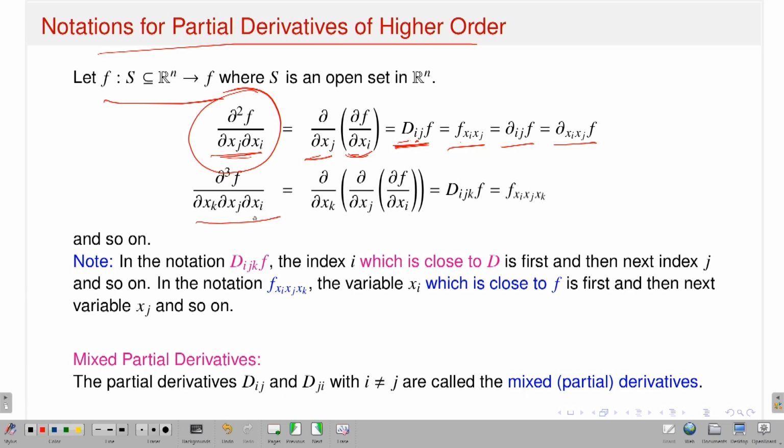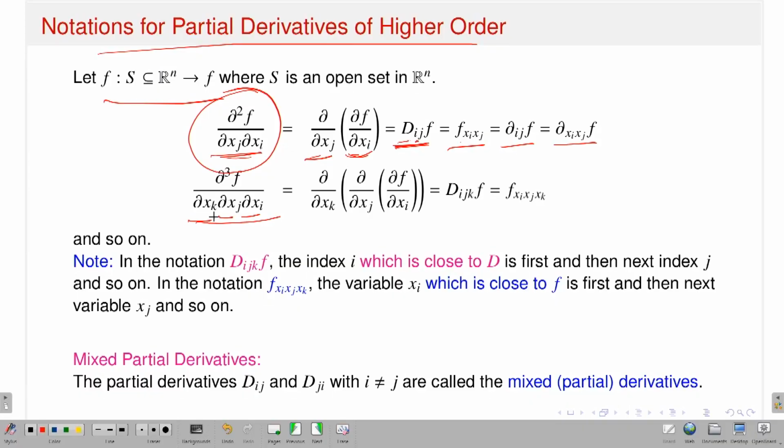This notation means I am first doing the partial derivative of f with respect to xi variable, that means del f del xi. Think about del f del xi as a function from Rn to R, then do the partial derivative with respect to xj variable. So you consider del 2f del xj del xi, again a function from Rn to R. Then you do the partial derivative of this function with respect to xk variable.